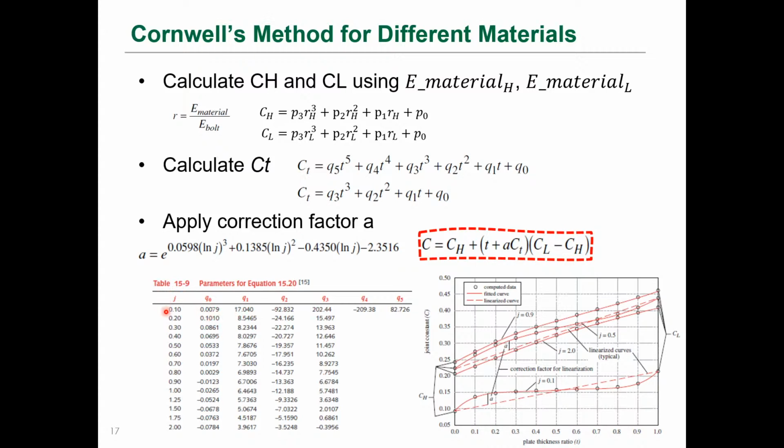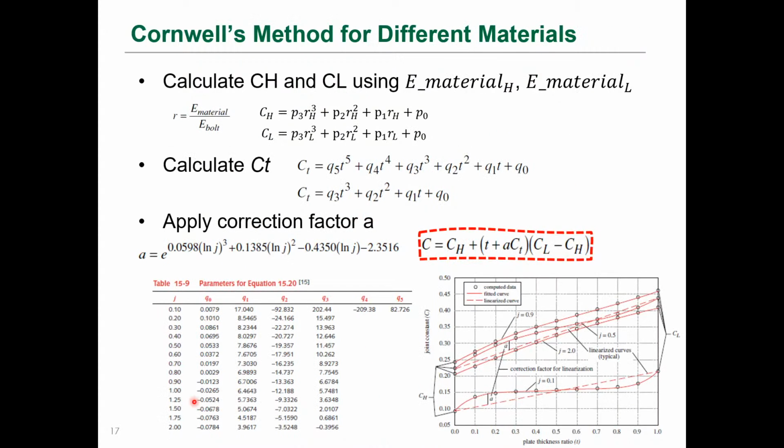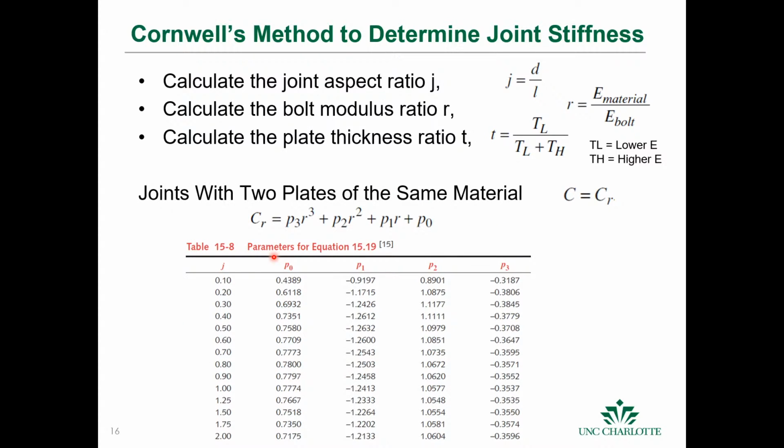And it uses J as well for the joint aspect ratio, okay? And you can plug that in and calculate using your thickness ratio T.